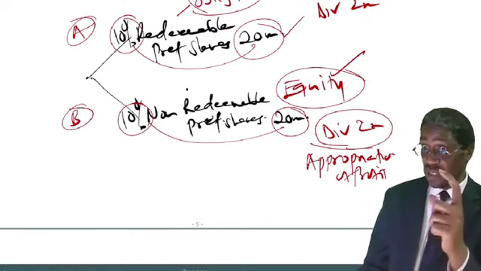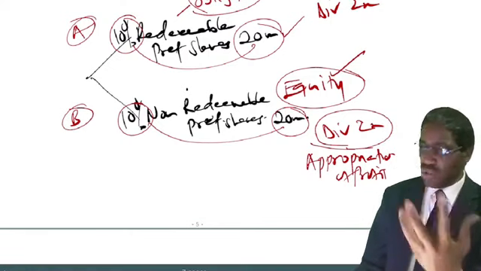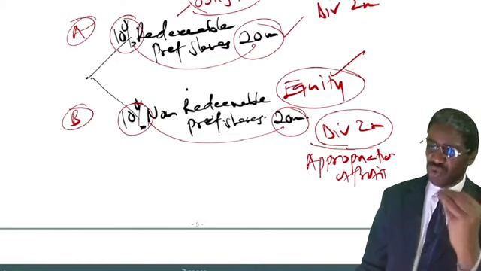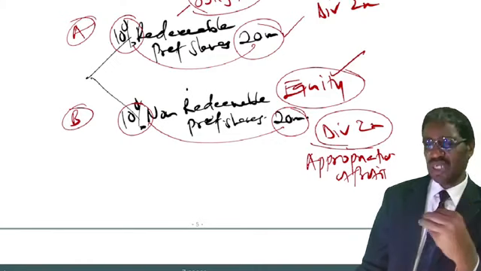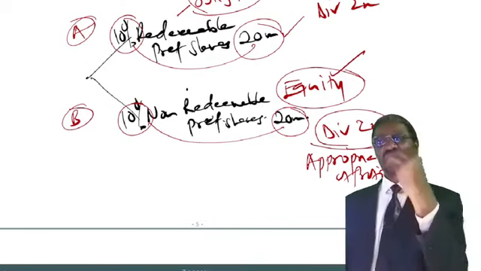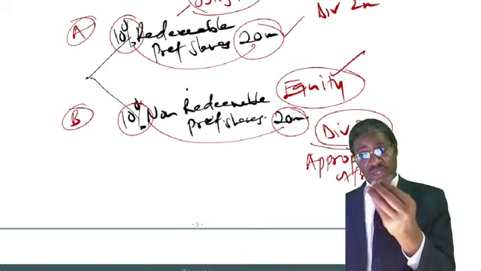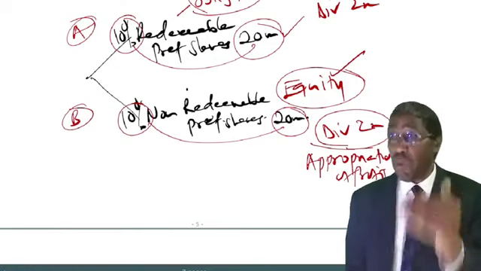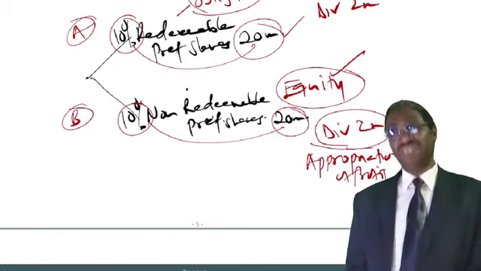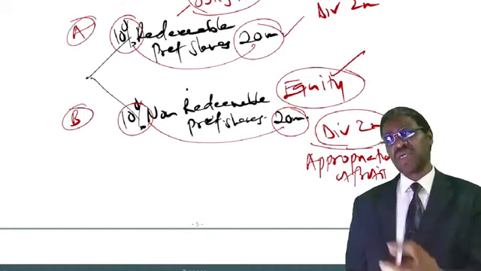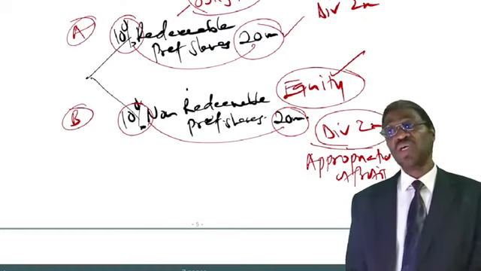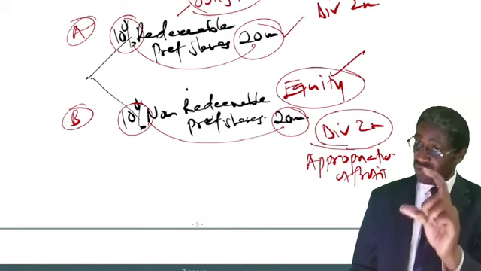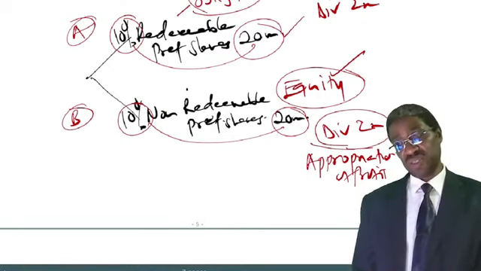Don't forget, I told you we don't do appropriations in the income statement. We do the appropriations of a company in the statement of changes in equity. So these 2 million dividends paid to the non-redeemable preference shareholders are considered as an appropriation of profit in the statement of changes in equity.